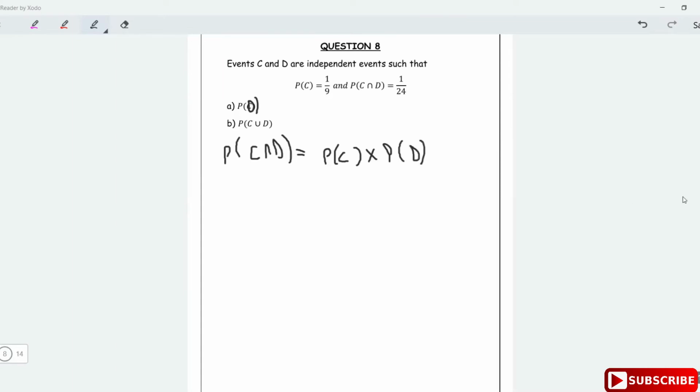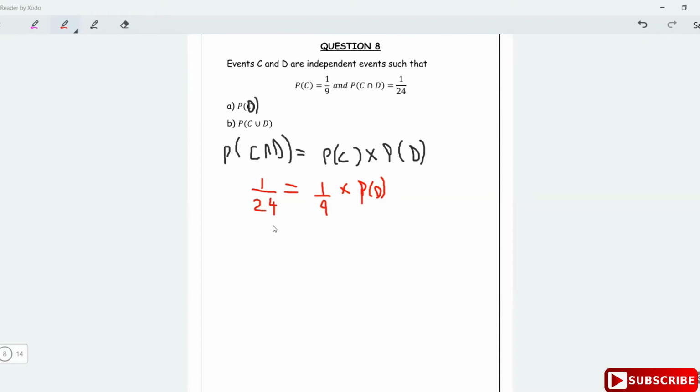But the probability of C intersect D is 1 over 24. So this part we know is 1 over 24, and it is equal to the probability of C, which is 1 over 9, times the probability of D. So all we need to do now is multiply through by 9.